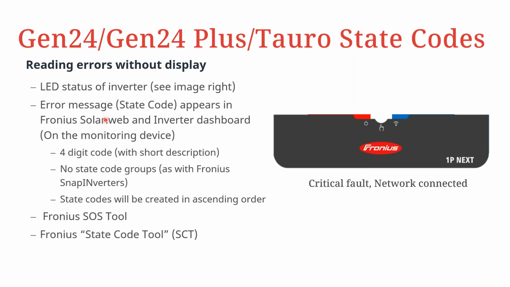You can either make use of the LEDs as shown in the previous slide, but you can also get these error codes on your monitoring device or devices. It comes in as a 4-digit code with a short description of these codes and status.